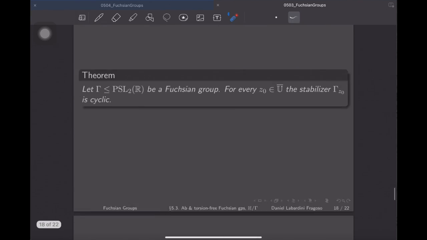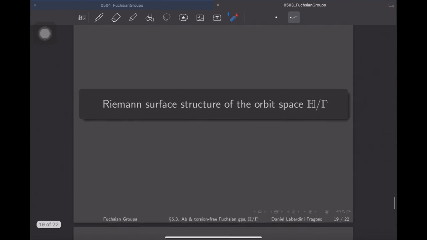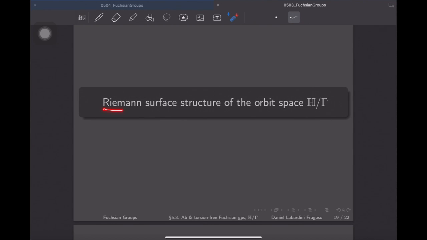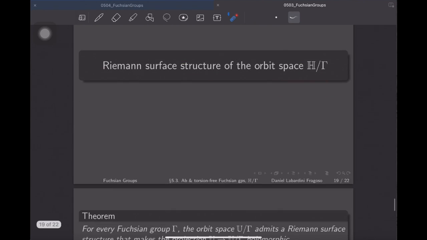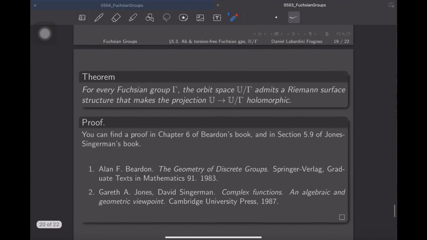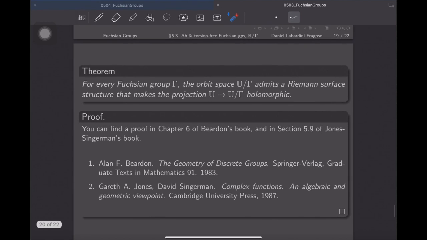And finally, it was a result about a Riemann surface structure on the orbit space, without proof. So if you give me any Fuchsian group, then this orbit space, topologized with the identification topology for this map, admits a Riemann surface structure for which the projection is holomorphic.